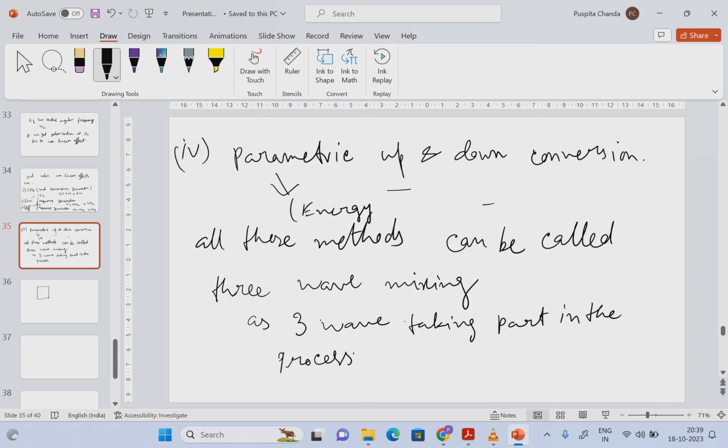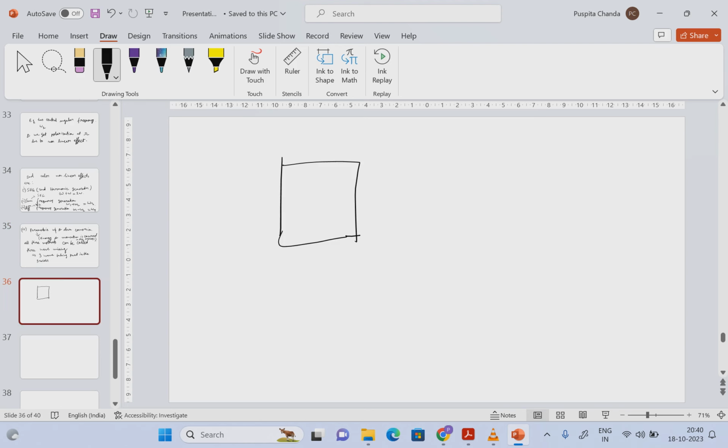Parametric means energy and momentum are conserved in the process. So this is a type 2.